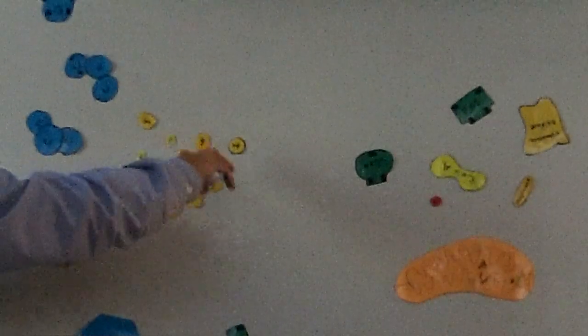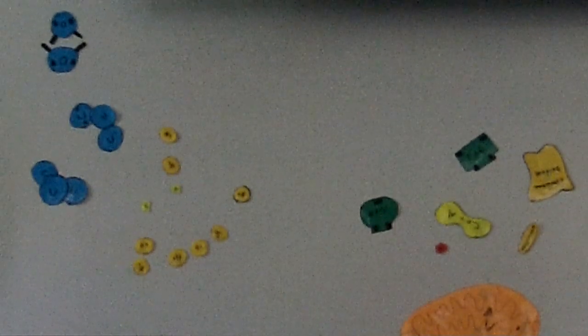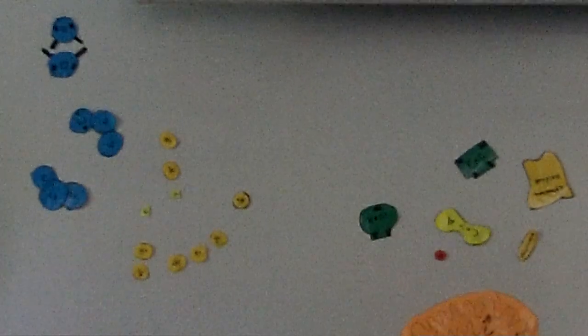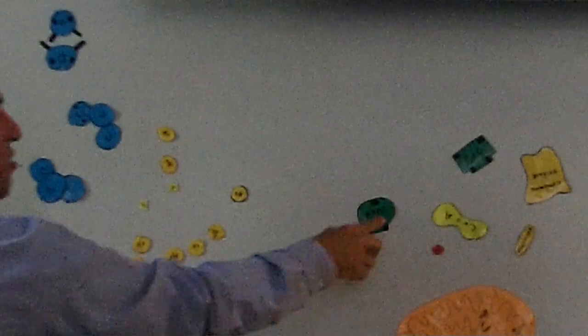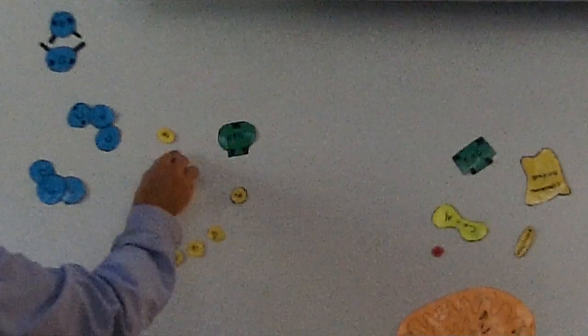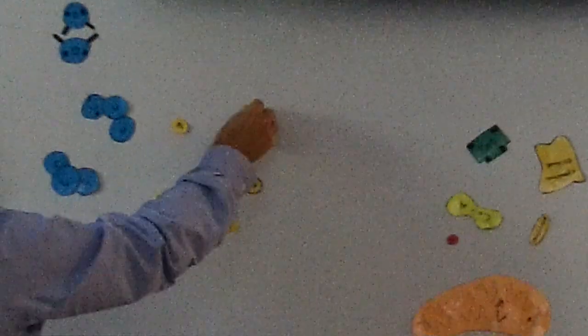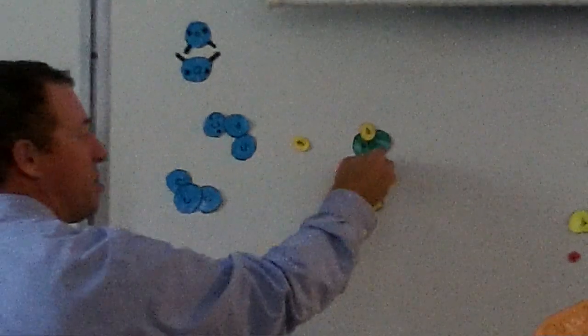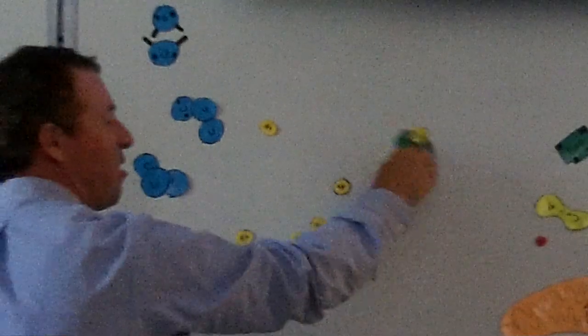Some electrons come out. Some protons come out. And those electrons and protons are picked up by electron carriers like NAD, which will pick up hydrogen and some electrons and shuttle them off into the mitochondria.